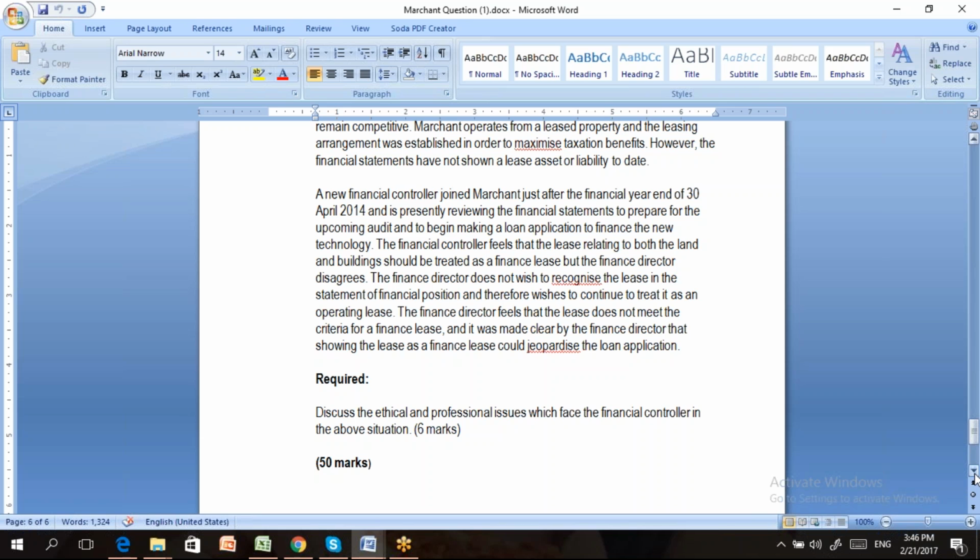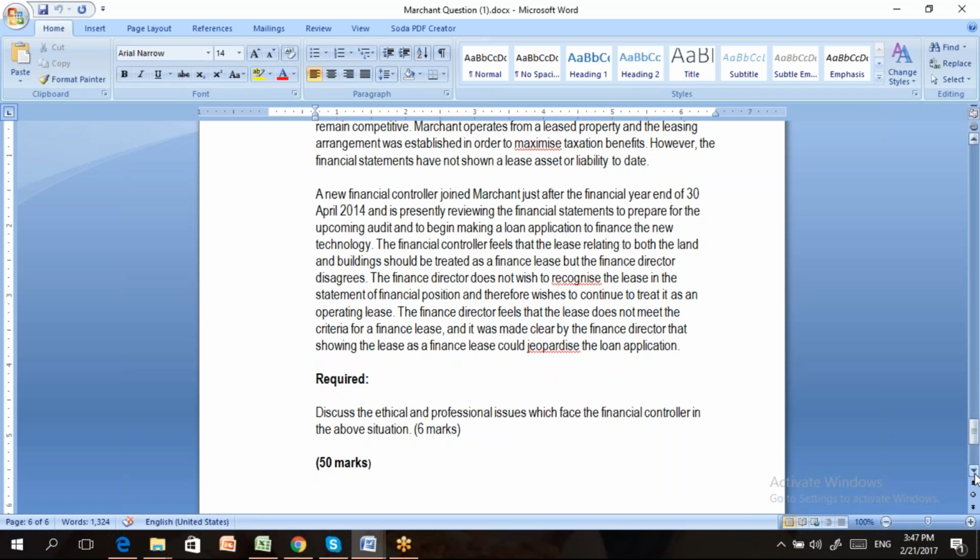The professional issue is simply that we have to maintain our professional competency. Any lease should be classified as a finance lease if substantially the risks and rewards are with the lessee.